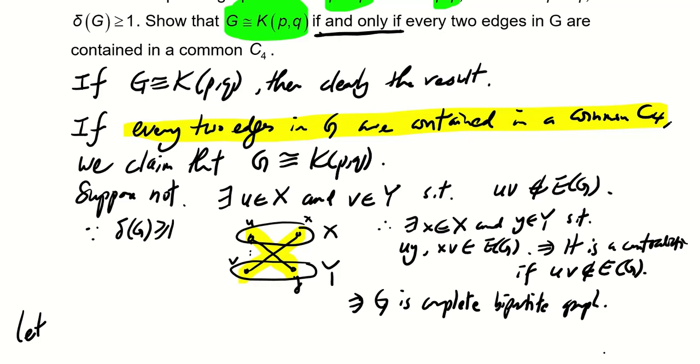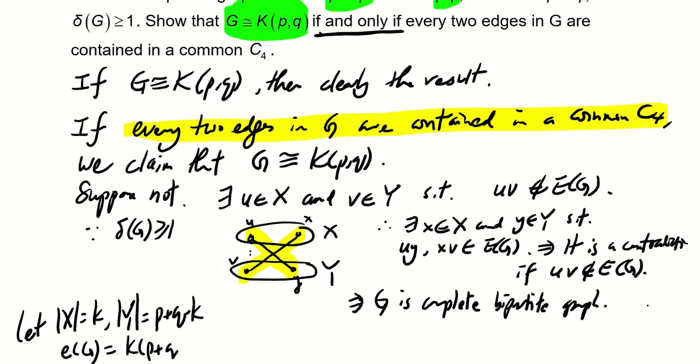So we let the number of vertices in X be equal to K, and therefore the number in Y will be P plus Q minus K, because the order is equal to P plus Q. Therefore the number of edges in G is K times (P plus Q minus K), and it is given that this is PQ.